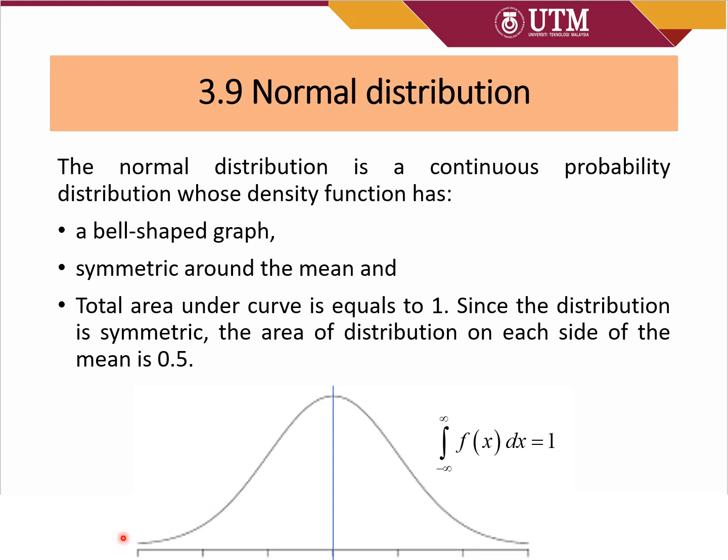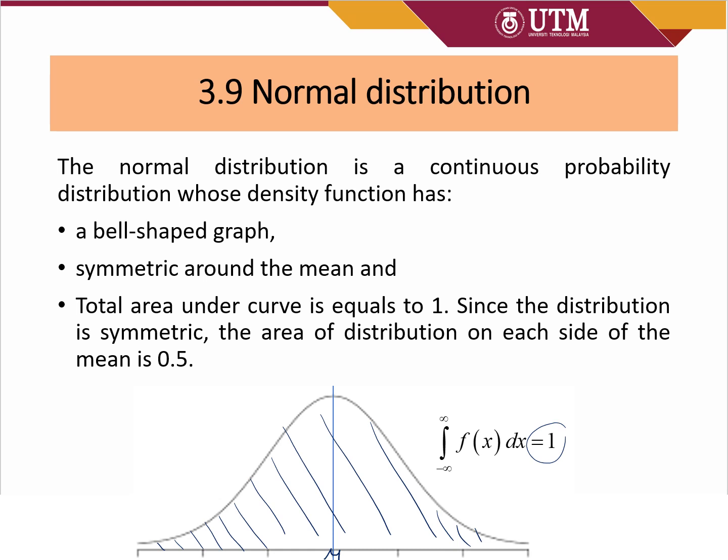Meaning that the middle part of this bell-shaped graph is our mean. So this is the value for the mean. The total area under this curve is equal to 1.